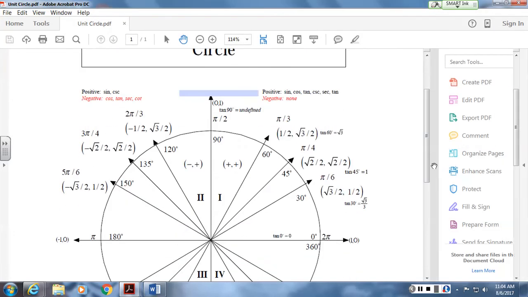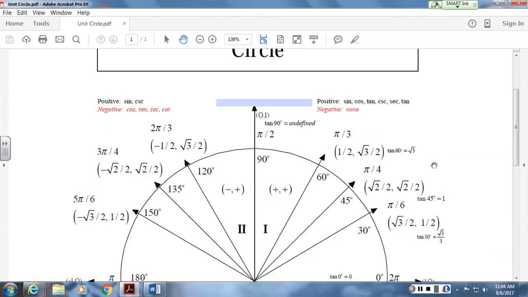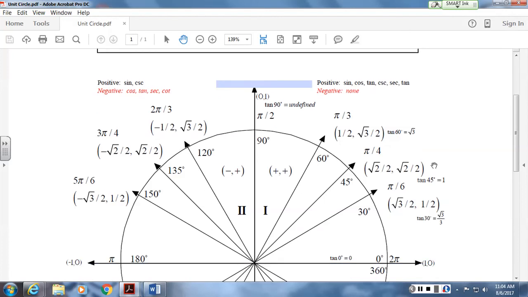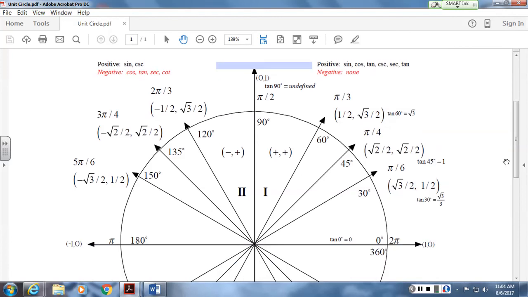The unit circle, you have to get this memorized. There are some tricks and some things I'd like to point out. I will post a video where you can use your hand to help you sort of memorize what these different values for cosine and sine are.